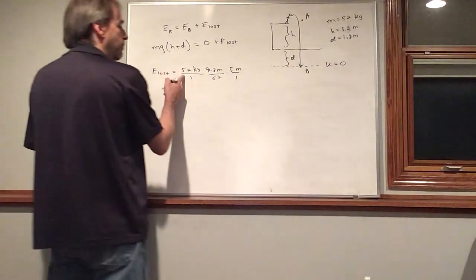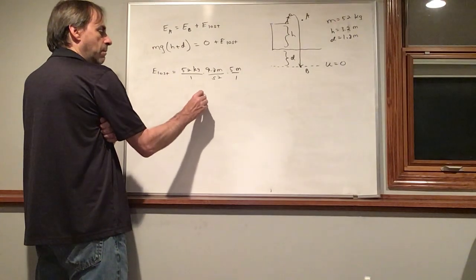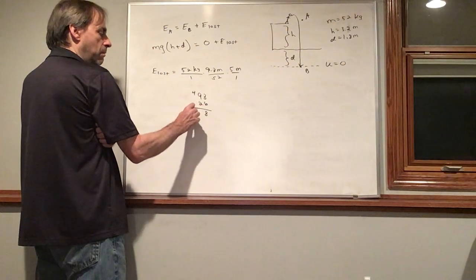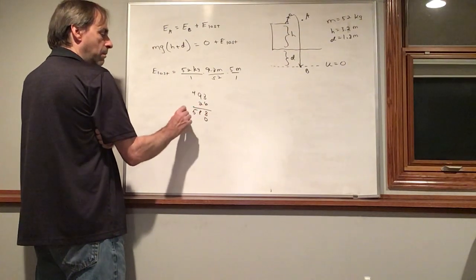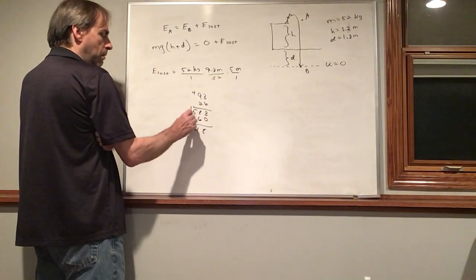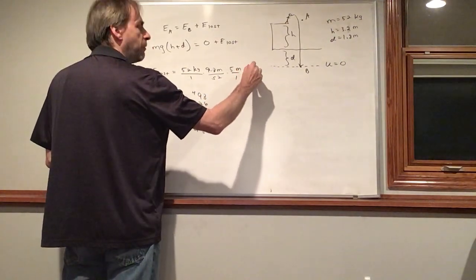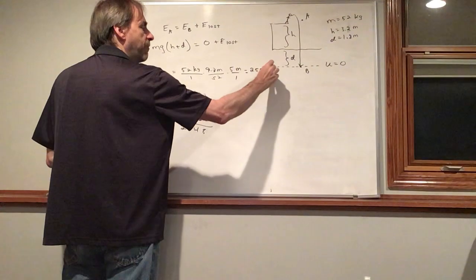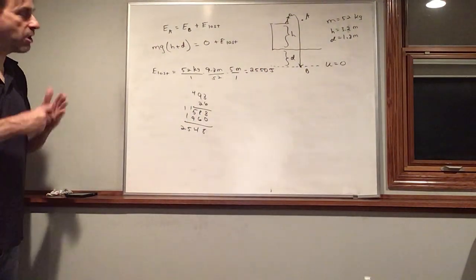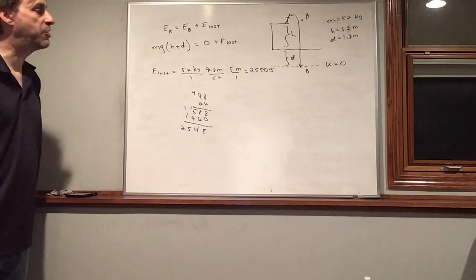So 52 times 5 is 260. So this would be around 2,550 joules. That's how much the swimmer started with, and all of that was dissipated by the time she reached point B.